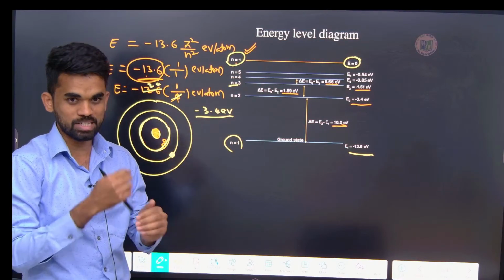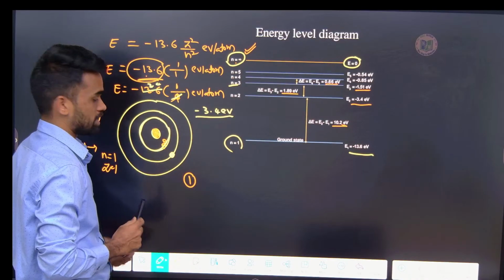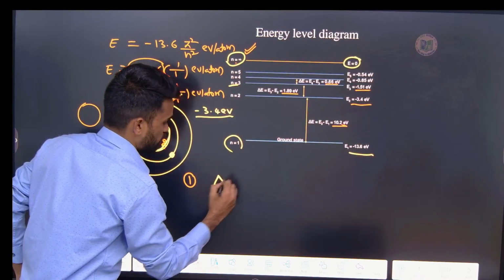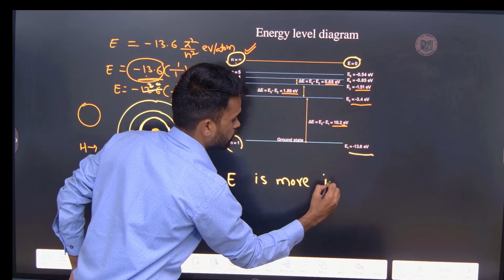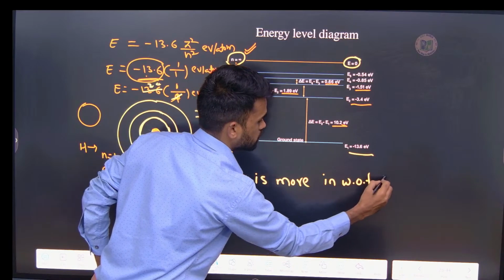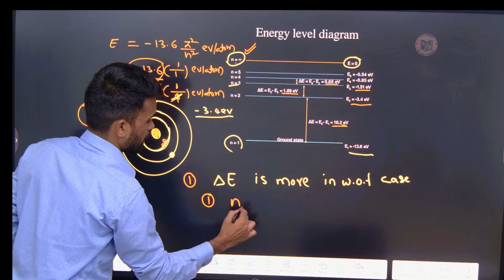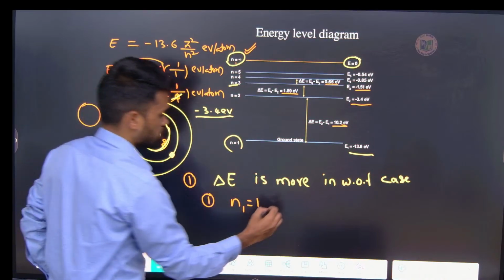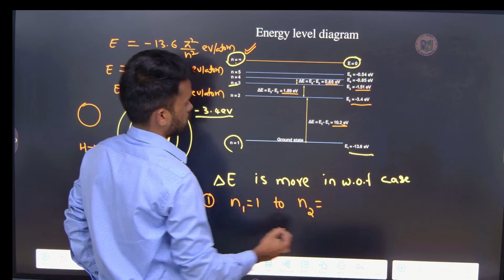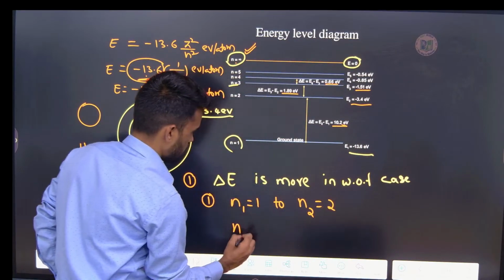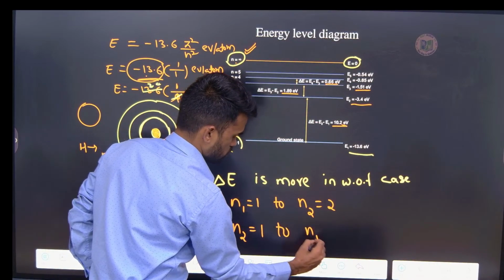Let me complete the question once again. Energy difference delta E is more in which of the following cases? The first one is n1 equals 1, n2 is 2. Then n1 is 2, n2 is 3.